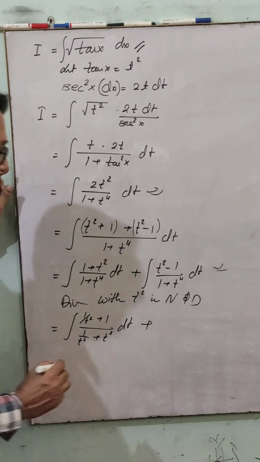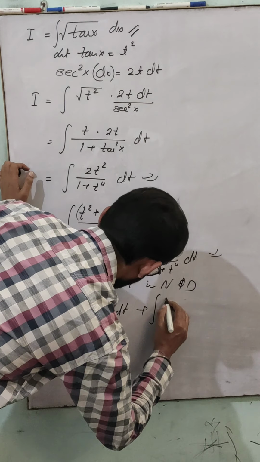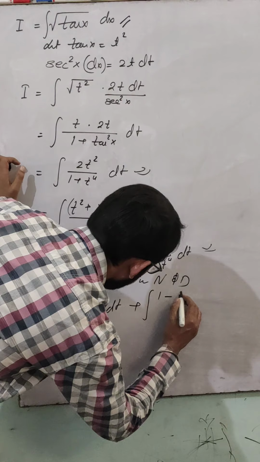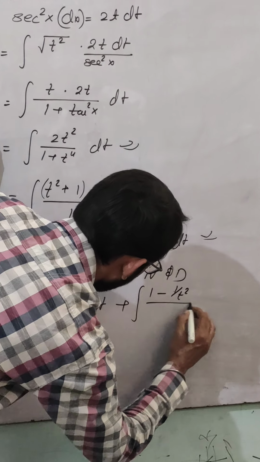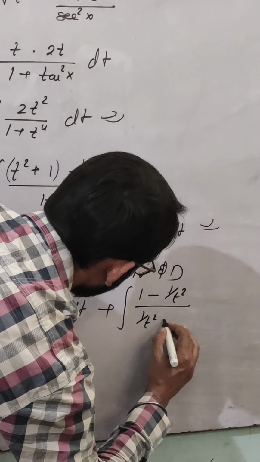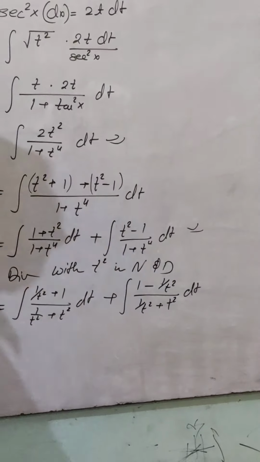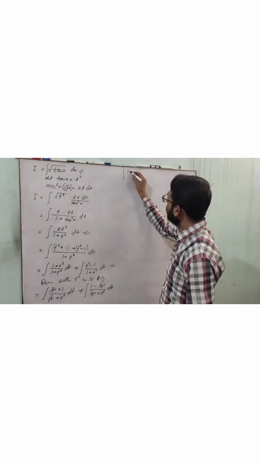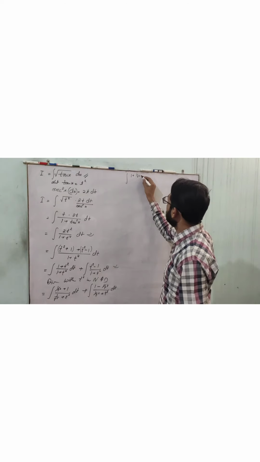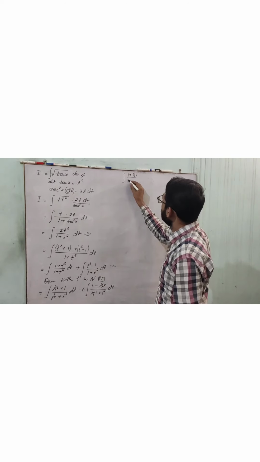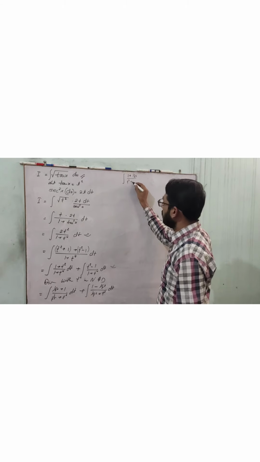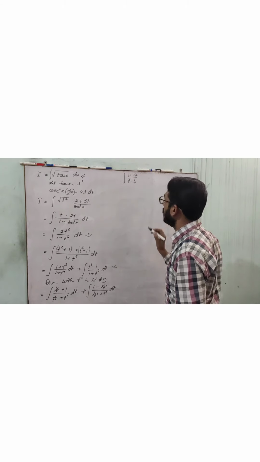I'm also dividing this, so it will become 1 minus 1 upon t square upon 1 upon t square plus t square dt. Still I am taking together, but 1 plus 1 upon t square upon t square plus 1 upon t square.